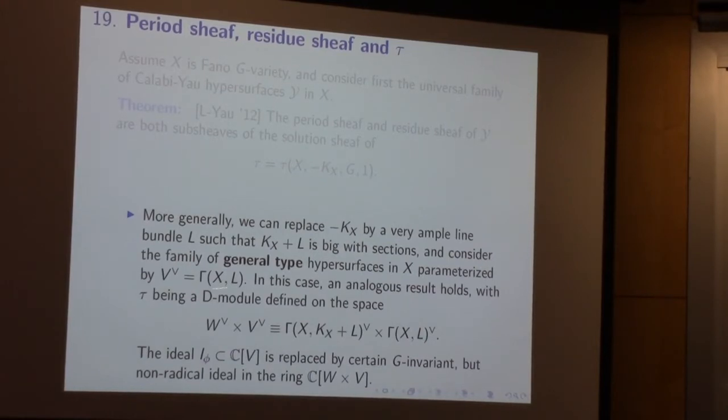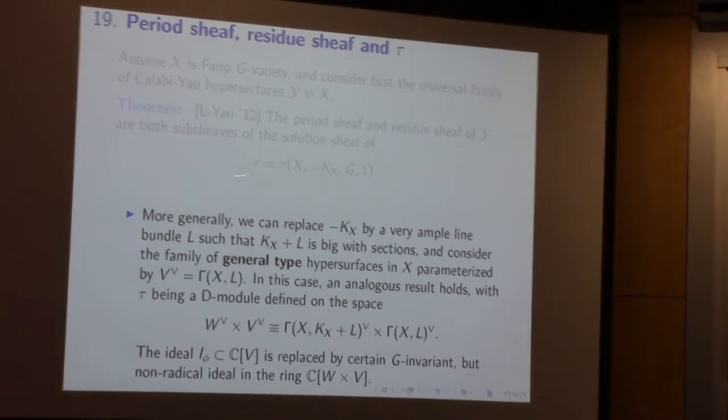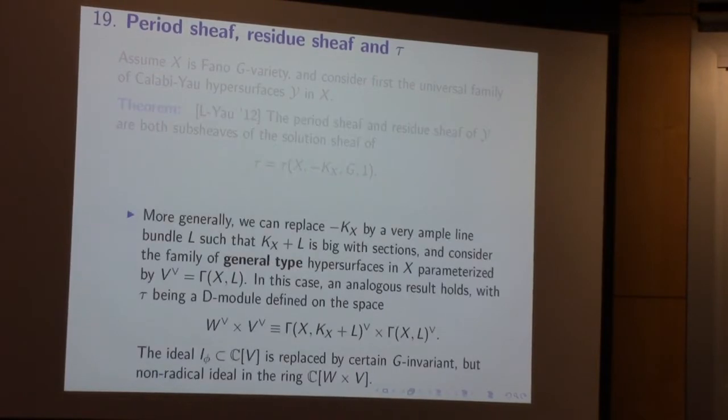In this case, the generic hypersurface would be of general type, parameterized by this section space. It turns out that you can get the analog of this theorem for this setup, but you do need to make a few substitutions.